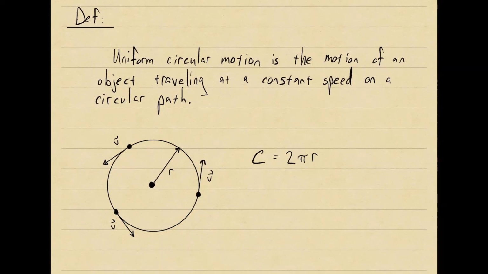Furthermore, let us call the time it takes the object to travel around the circle once the period, T. T is called the period of the motion, and we're defining that to be the time it takes for one revolution.